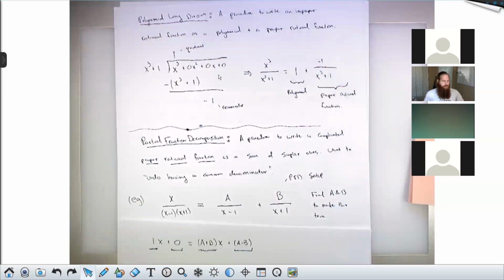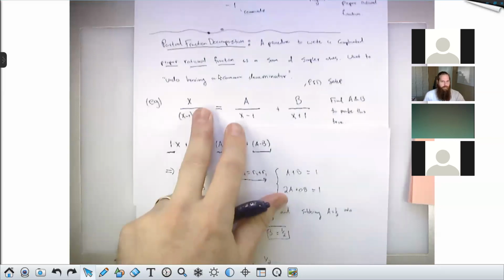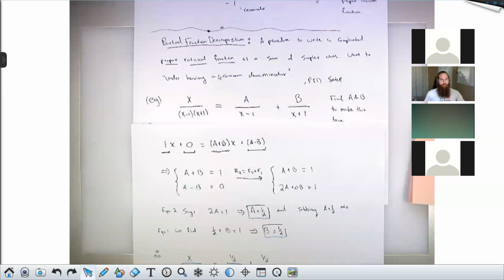Another thing I want to take a second to address is the setup. Here, the PFD setup was very simple. I had 2 distinct, meaning different, not repeated, linear factors in the denominator. So to get started on a problem like this, you need to factor the denominator.